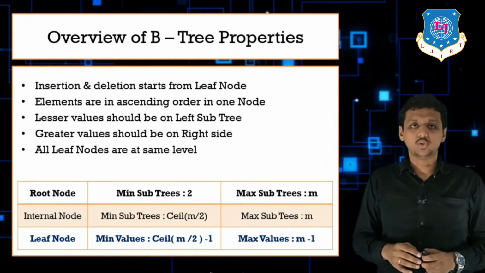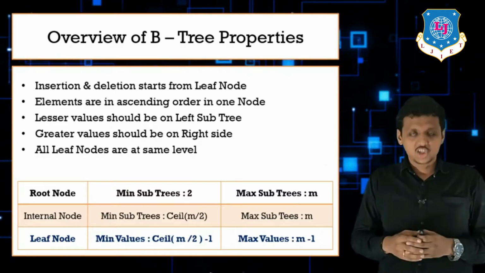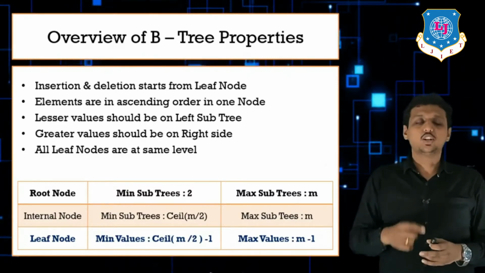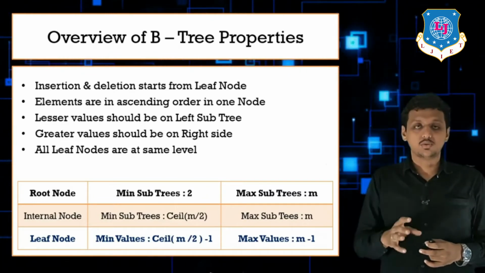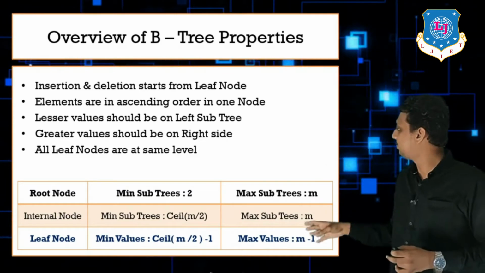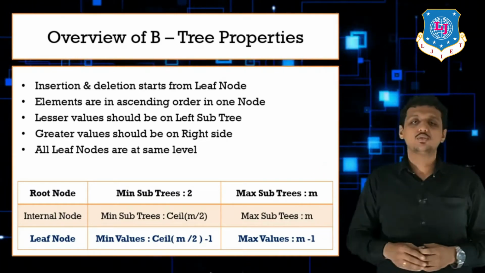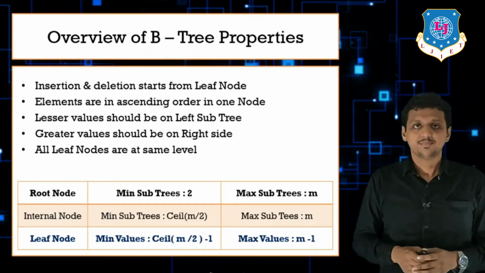What about the leaf nodes? In a leaf node we do not have any subtrees or child nodes, so we talk about the values. The minimum values in a leaf node are ceiling of m by 2 minus 1 and the maximum values are m minus 1.